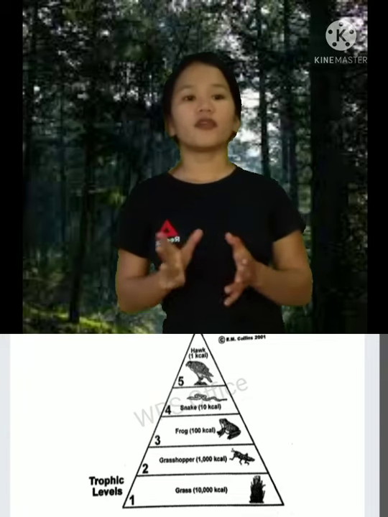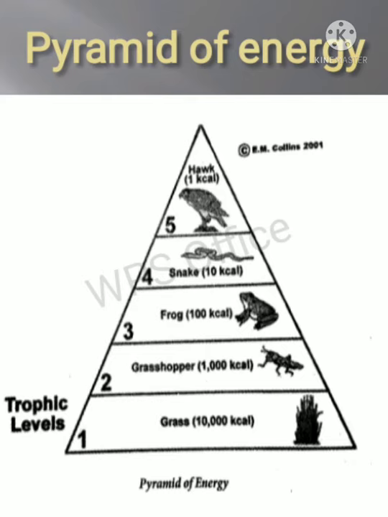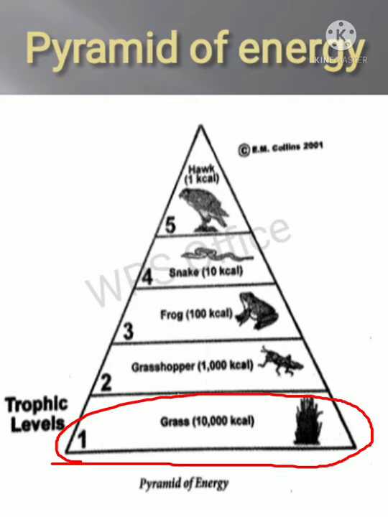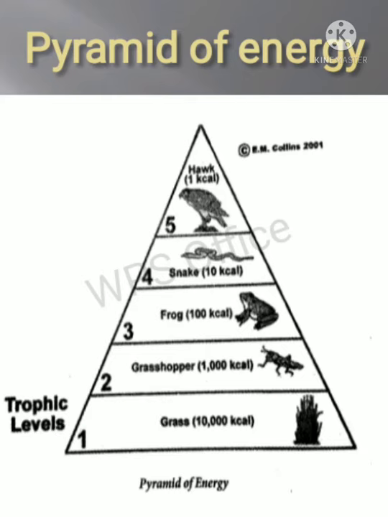So the flow of energy is from the bottom of the pyramid, where we have producers. The energy is higher at the bottom of the pyramid, but it decreases as we move up through the trophic levels. Why?